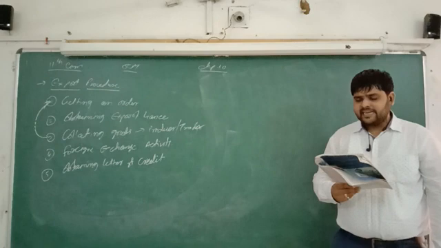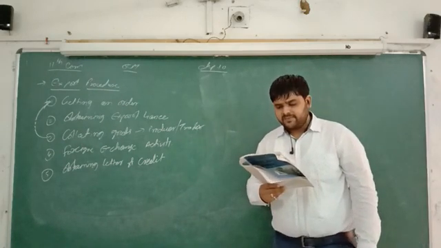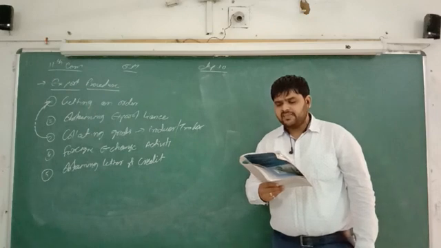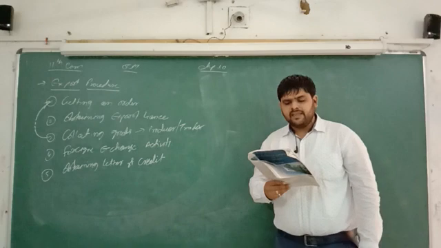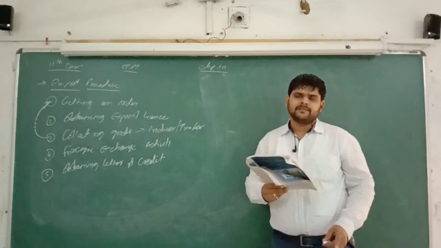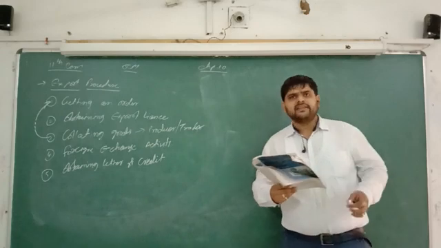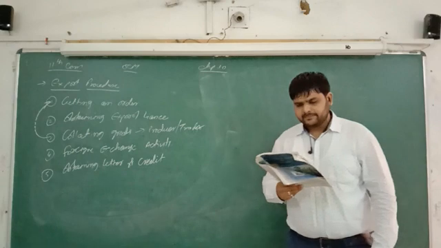The exporter checks the financial capability of the importer before exporting the goods, for the security of the amount of his bill, for which the exporter writes a letter to the importer to demand a letter of credit from his bank. He is demanding the bill amount with the help of a letter of credit.